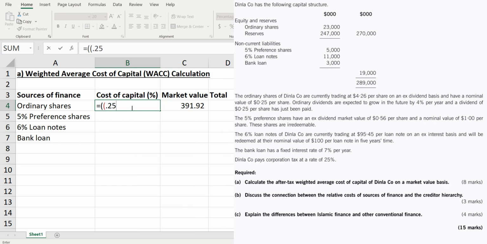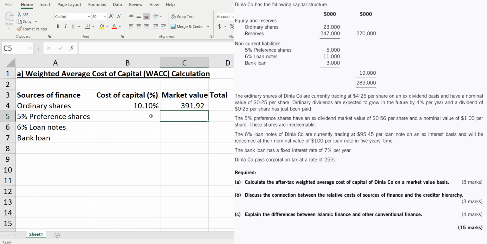Nominal price into, we are getting 4% growth every year, 1 plus 4%, and we divide it by our market price 4.26, plus 4% growth, which gives 10.10%.